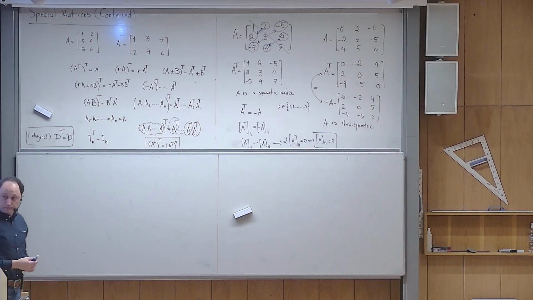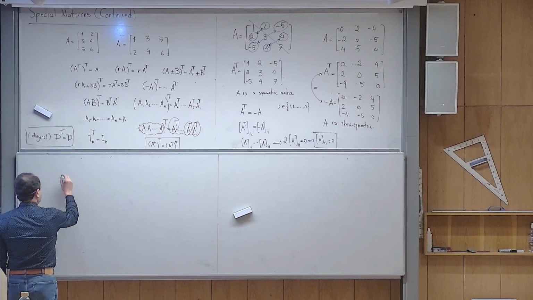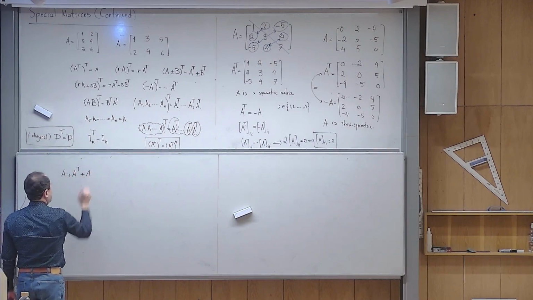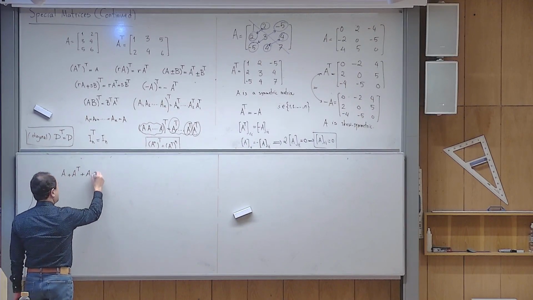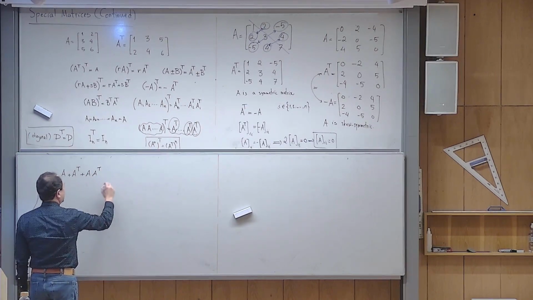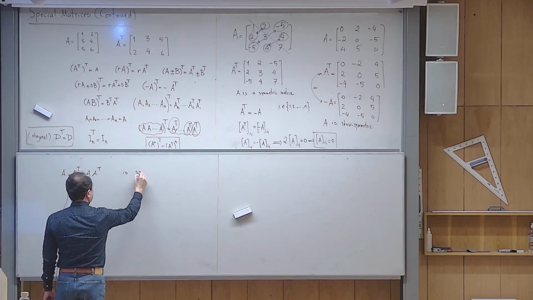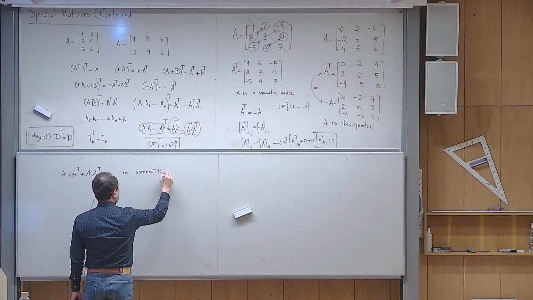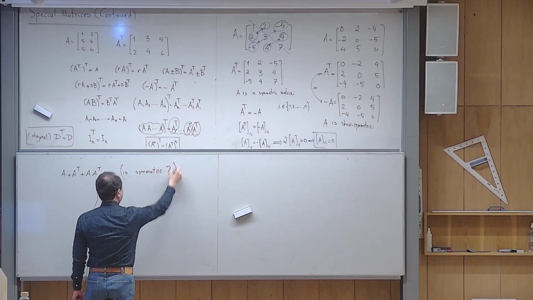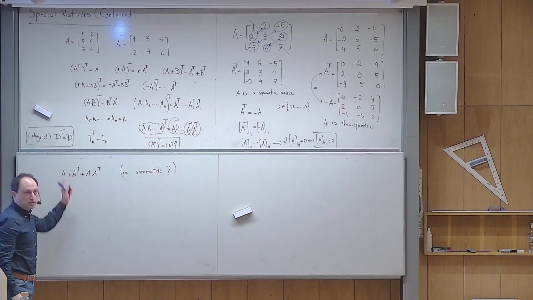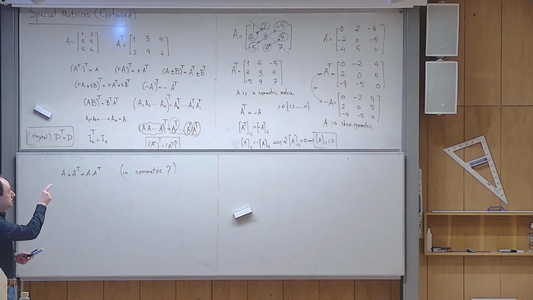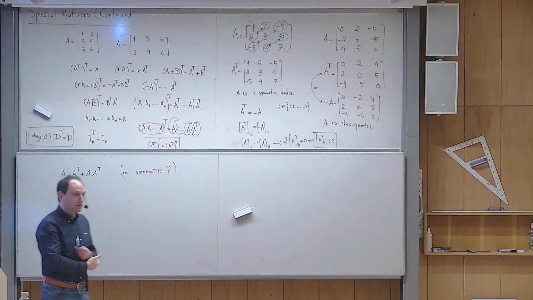Okay, so we want to show that A plus A transpose plus A transpose is symmetric. So how can I show that this is symmetric? Because I don't have the elements. If you have the elements, of course, you interchange the rows and columns and see if you generate the same matrix.